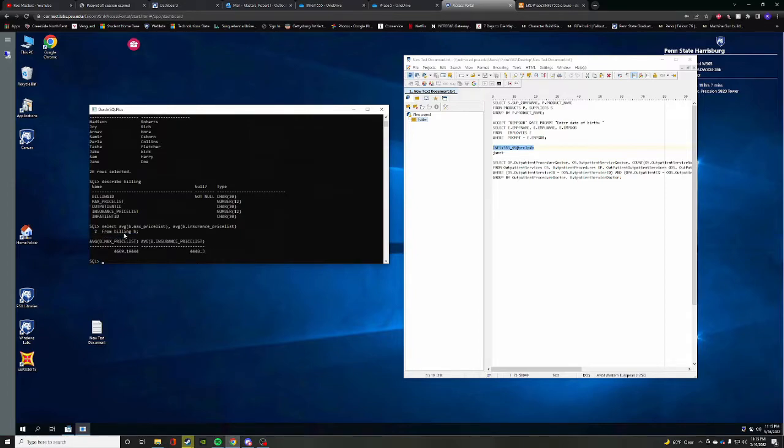Here, as expected, our max price list comes out a little bit higher than our standard insurance price list.